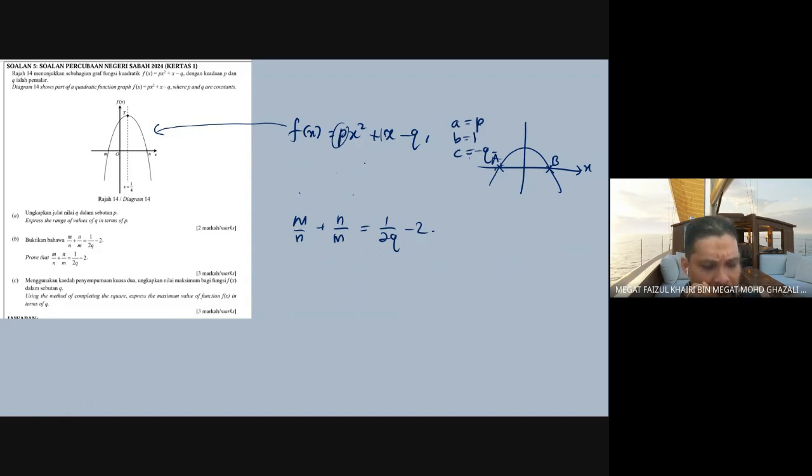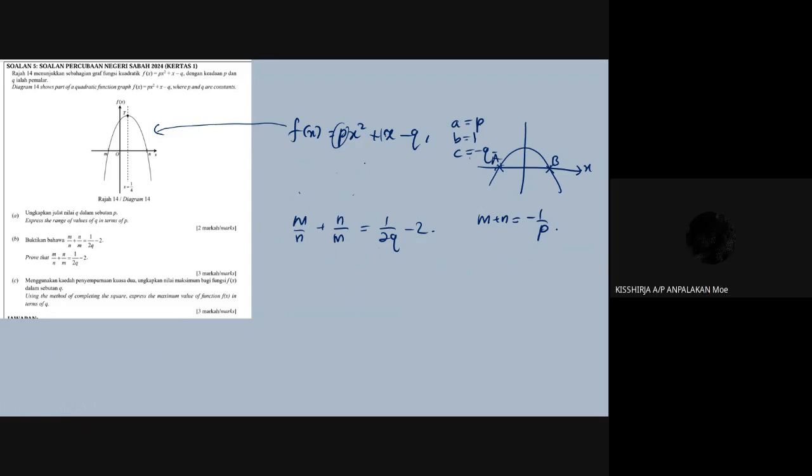What is m plus n? m plus n equals negative 1 over p. What about this question then? m plus n equals negative 1 over p. So where do you get 1 over p here?